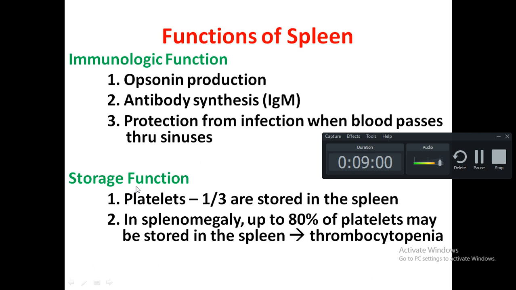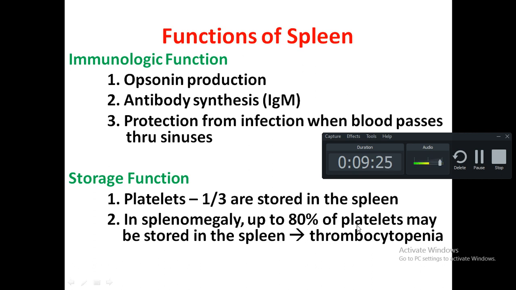Then is the storage function of the spleen. Platelets are also stored in the spleen, and as many as 1/3 of these platelets are stored in the spleen at any given time. So in splenomegaly, that is the enlargement of the spleen, up to 80% of the total platelets present in the body may be stored in the spleen.